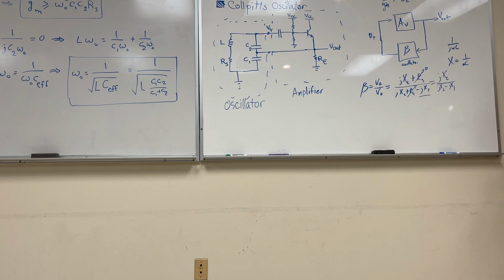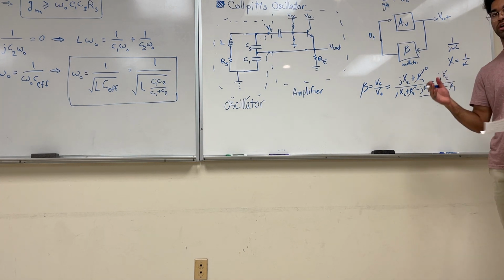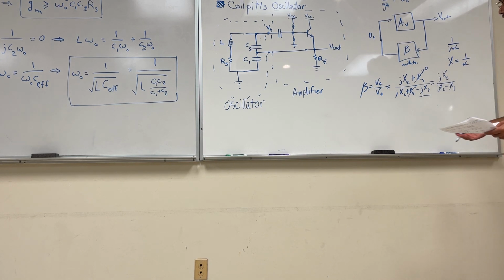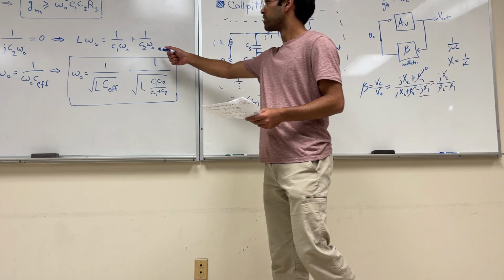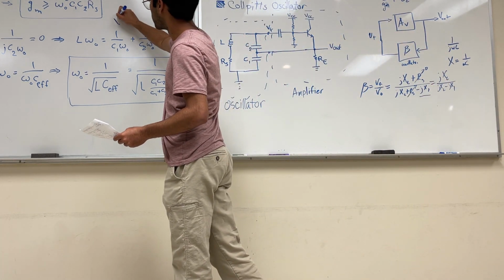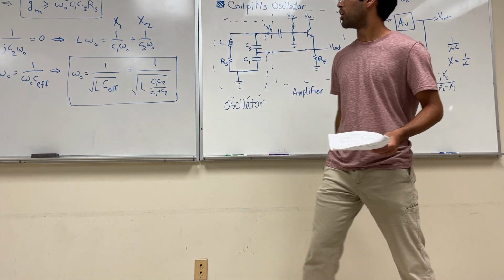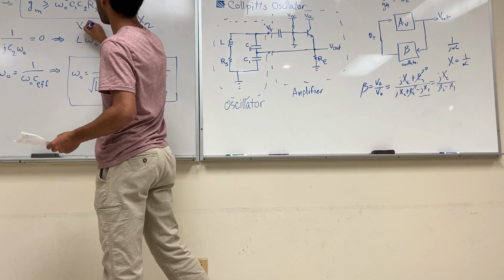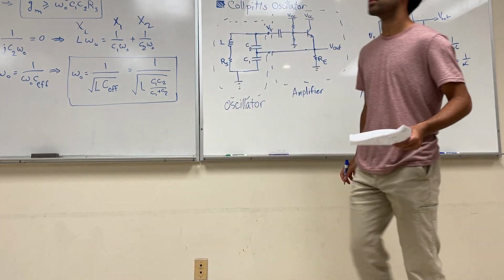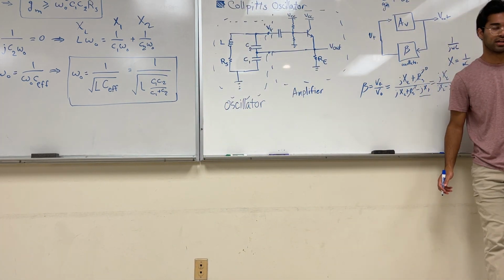And in resonance, the target frequency when we're operating at omega naught equals 1 over root LC, the reactance of the inductor equals the reactance of the capacitor. And in this case, as we see over here, this would be X1 and X2. So basically, the reactance of your inductor equals the reactance of your two capacitors added together.